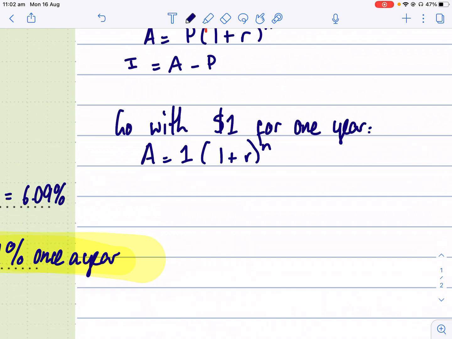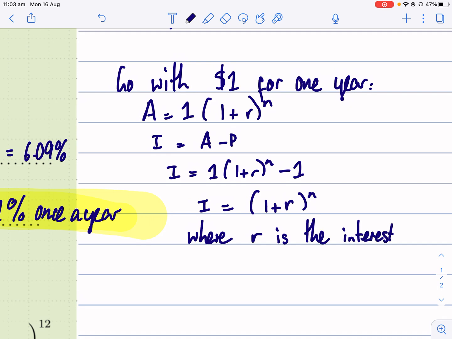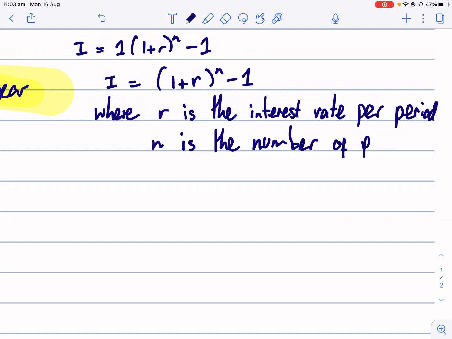And then our final interest is obviously A minus P, so it's the 1 outside of 1 plus R to the N minus the $1 that we borrowed. So to figure out the interest that we would get, it's 1 plus R to the N minus 1, where R is the interest rate per period, and N is the number of periods in the 1 year.